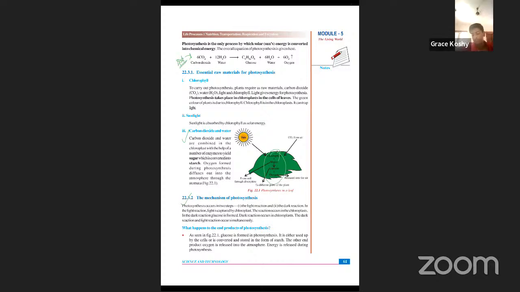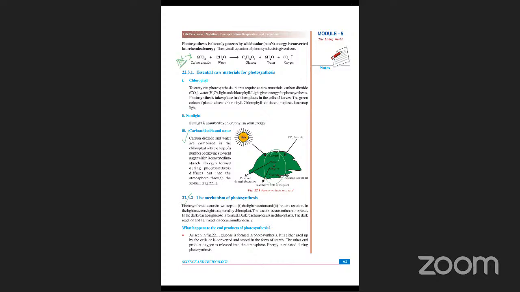Now sunlight is trapped, and the carbon dioxide and water are changing into glucose. This is called the dark reaction, and they will come simultaneously. Like first light reaction will occur, then dark, light, dark, light, dark. Like this, it will occur. Understood? Yes or no? Johan, are you there? Understood, Johan? Yes, sir.